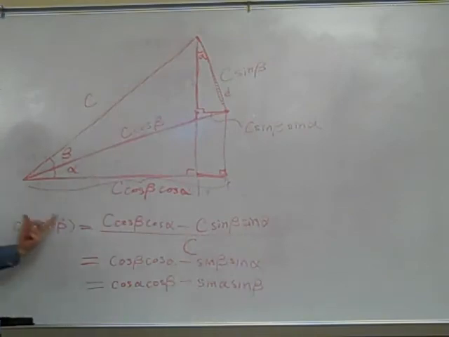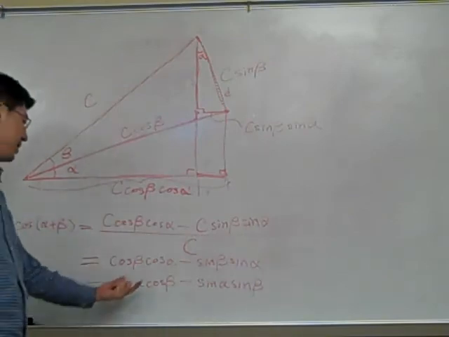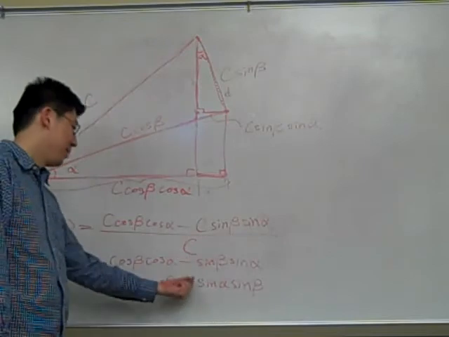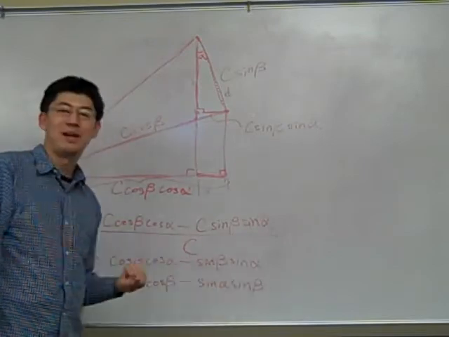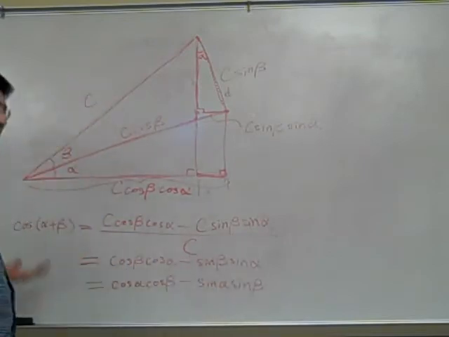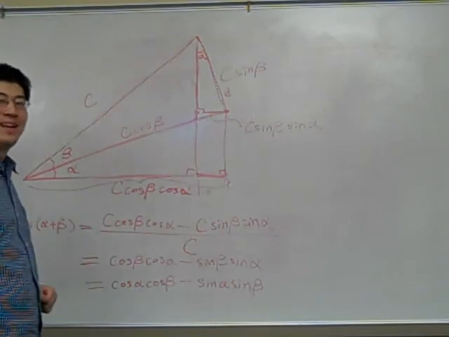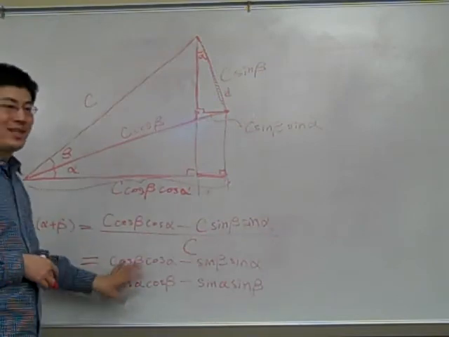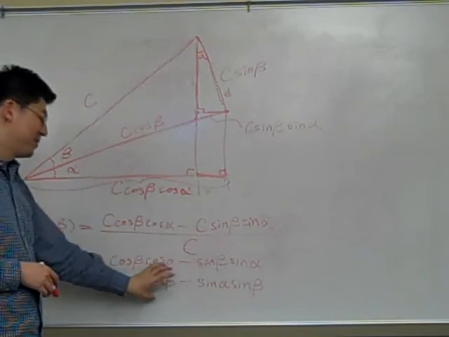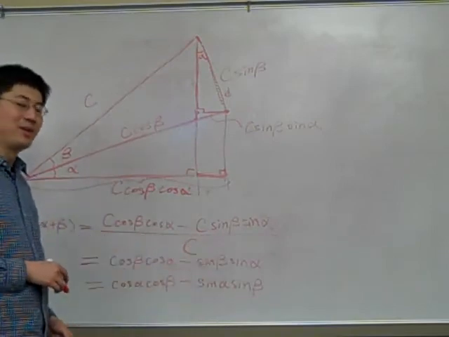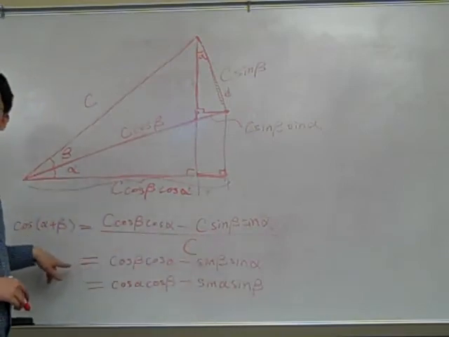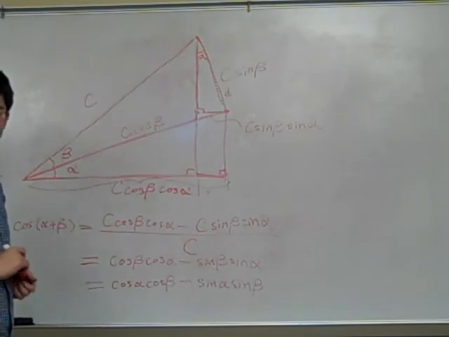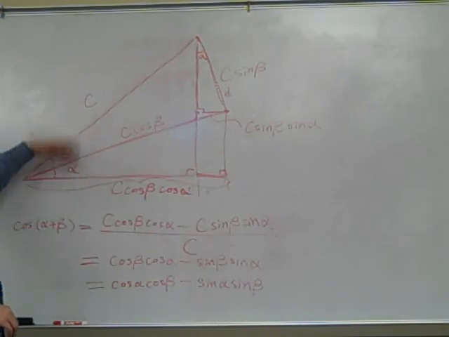So cosine of alpha plus beta is cosine alpha times cosine beta minus sine alpha times sine beta. Again, this is another formula that's pretty easy to remember, and once you know it and know why it's true, it's better just to remember this formula and use it whenever you need to compute the cosine of the sum of two different angles. And so this is another trig identity for summation.